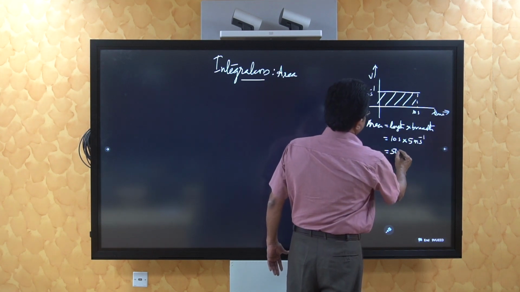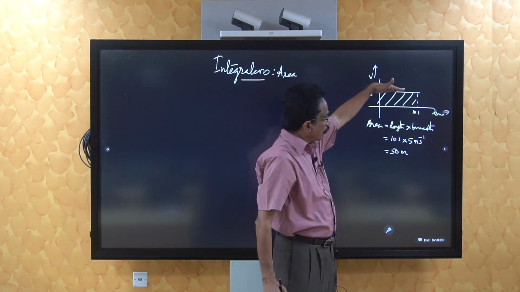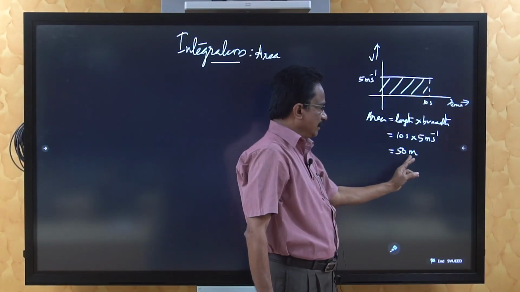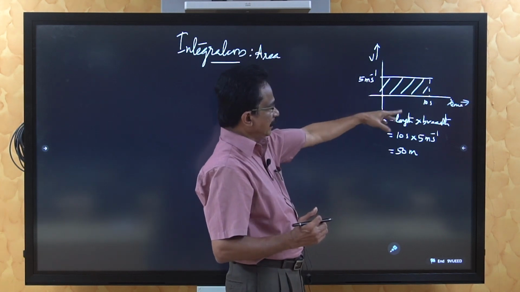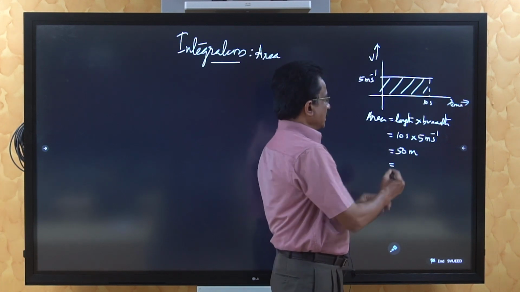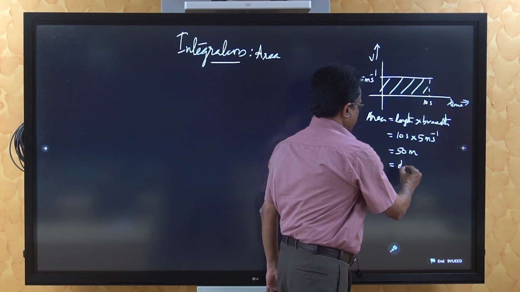This is 50 meter. So geometrically, I found the area under the line. Dimensionally, it is displacement. So we conclude that the velocity-time graph gives displacement, or simply the area under the VT graph gives displacement.